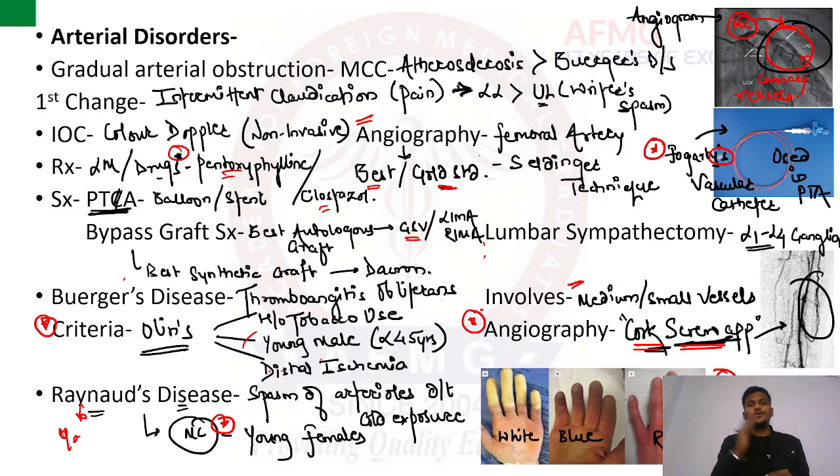The mnemonic is WBR. As soon as there is exposure to cold, first there would be spasm of arterioles leading to ischemia, therefore white color. Then, due to accumulation of deoxygenated blood, there would be cyanosis leading to blue color. And finally, restoration of blood supply would lead to red color. So white, blue, red. Important. I hope this is fine with everybody.